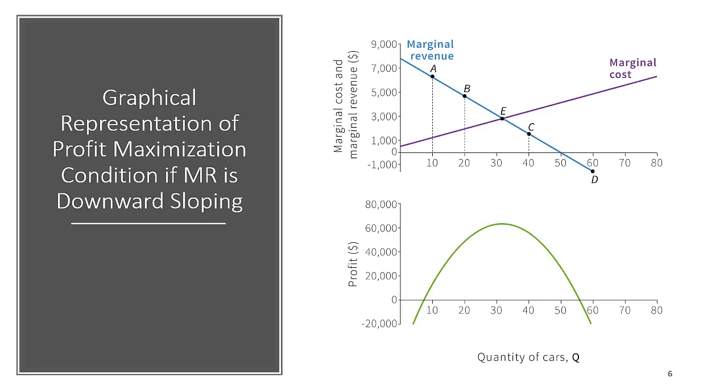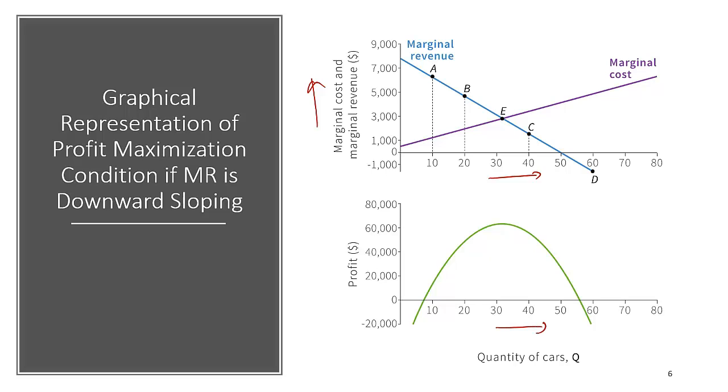So let's try to understand this using a graph. This is a case where your marginal cost is upward sloping. Typically the marginal cost is U-shaped, so we just focus on the upward sloping part of the U shape. And this is the marginal revenue. Marginal revenue here is downward sloping, as we did previously, but it can be flat as well. Here we have quantity increasing, and this is your marginal cost and marginal revenue.